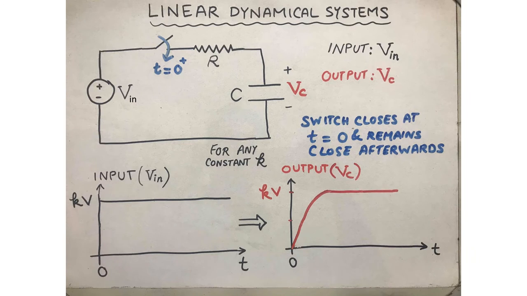Therefore, we can generalize it for any constant K, and we can say that whenever the input voltage is scaled by a constant factor K, that is the Vin becomes K times V, then this gives us the corresponding output, which is also scaled by the same scaling factor K.